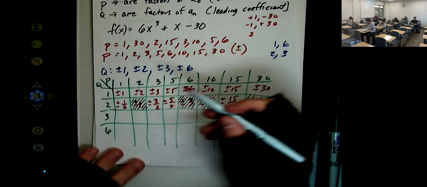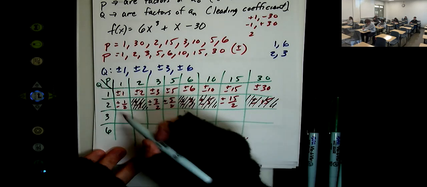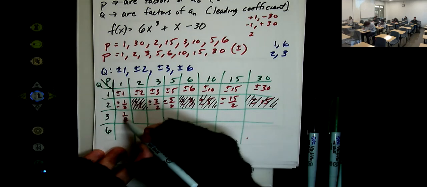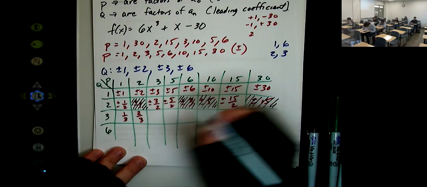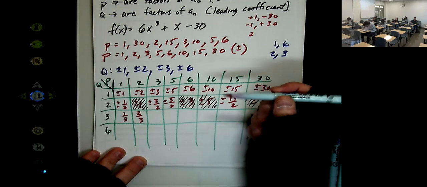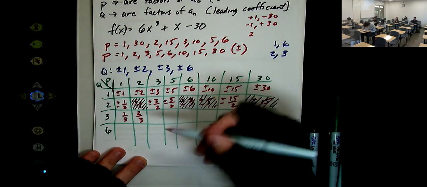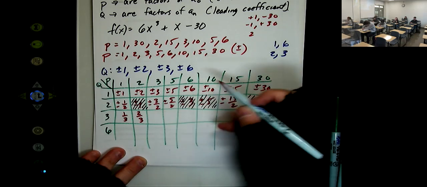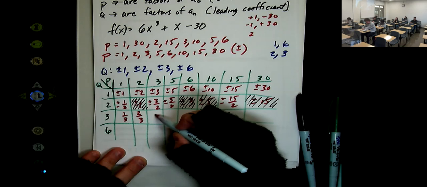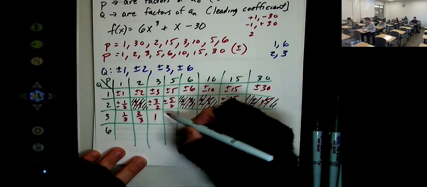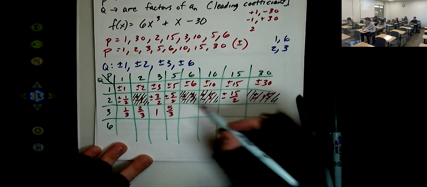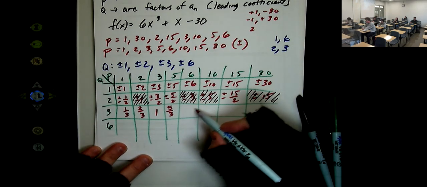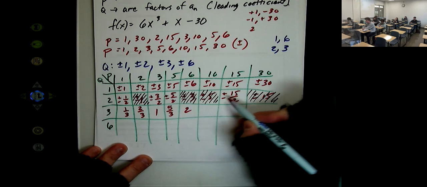Now we do the 3s. Doing 1 over 3 is 1/3. 2 over 3 is 2/3, with of course the plus or minus 1s. 3 over 3 is 1. 5 over 3. This one has a big list, doesn't it? 2.